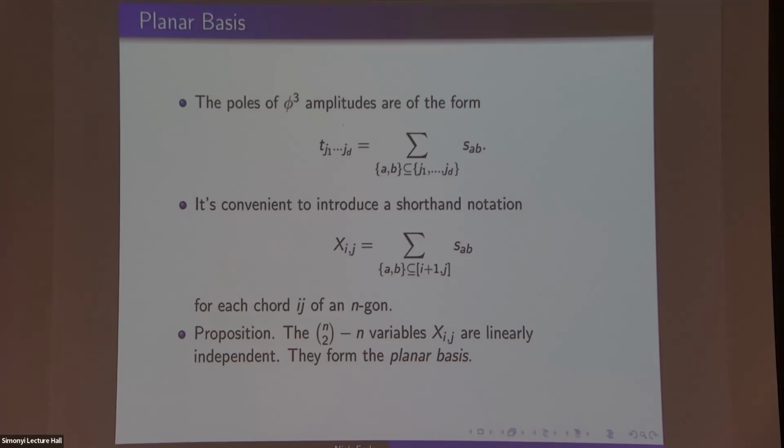At the beginning we said we have n momentum vectors, but those momentum vectors are allowed to vary. So you can think of these as functions on the kinematic space, which we introduced before, K2n. It's spanned by the S_ab, and it's a codimension n subspace of it, subject to the n momentum conservation relations.